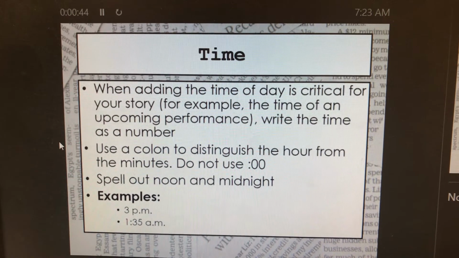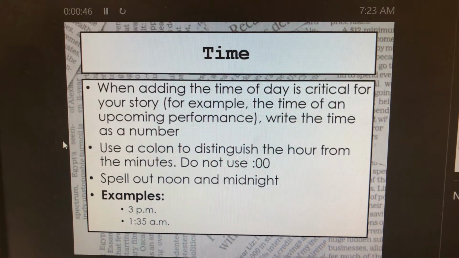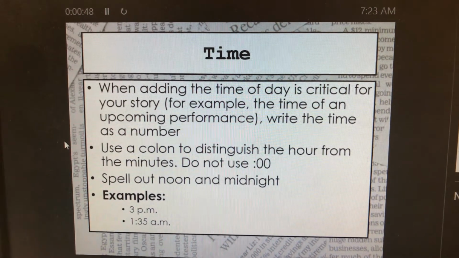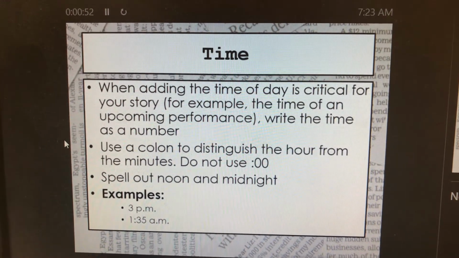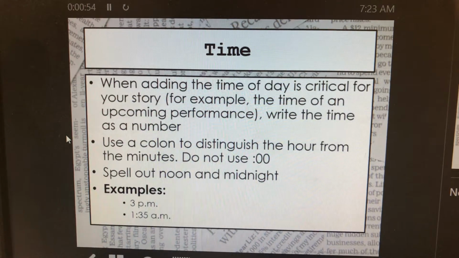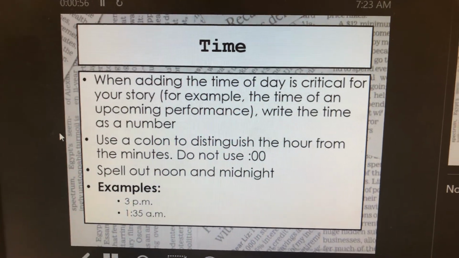When adding the time of day, it is critical for your story to write the time as a number. I want you to use a colon to distinguish the hour from the minutes, but we do not use :00. So, what does that look like? Well, it would look something like this.